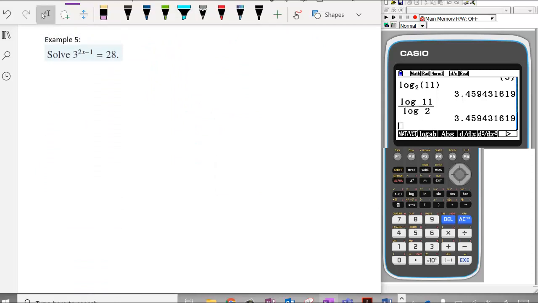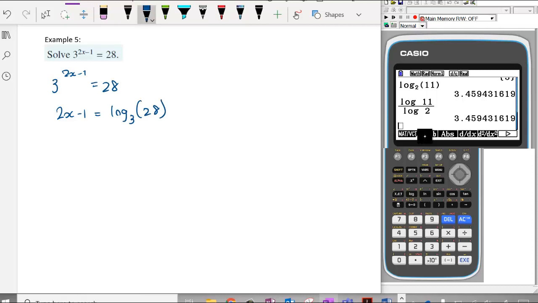Okay, example 5. Solve 3 to the power of 2x take 1 is equal to 28. Now, of course, the idea is when we write this out, we have 3 to the power of 2x take 1 is equal to 28. If we convert this to log form, so the exponent 2x take 1 will be equivalent to log of the base of 28.